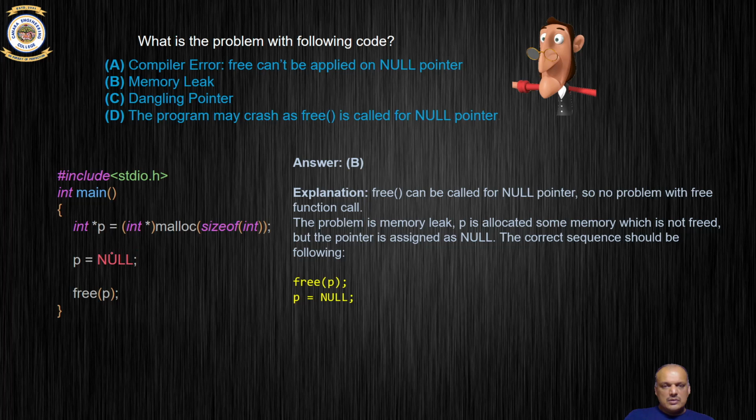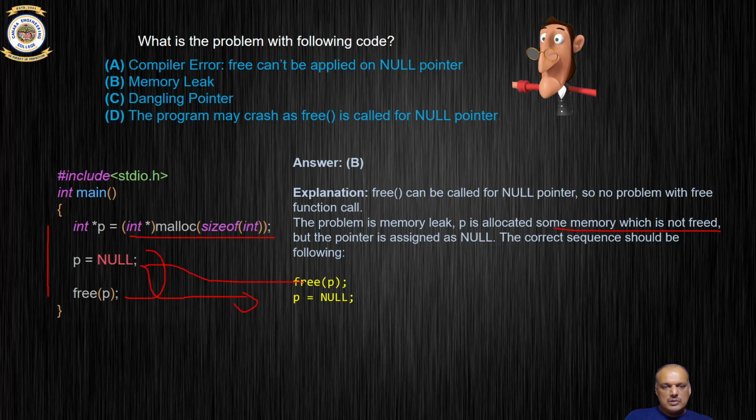There is no problem in execution of this code, but the memory is not freed. You expected the memory allocated here to be freed, but it will not be freed and it is lost.